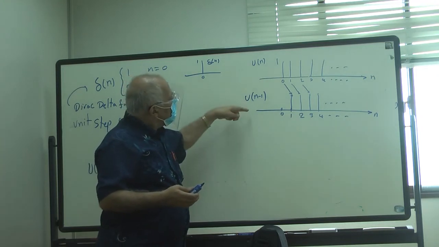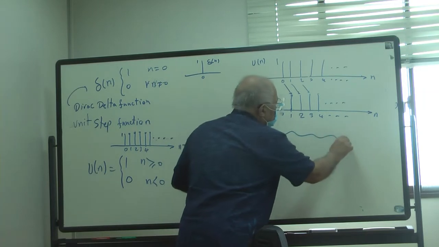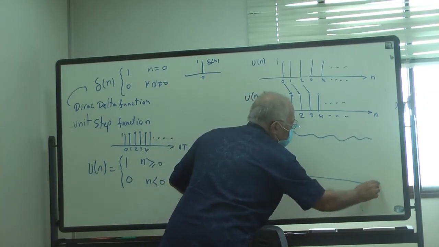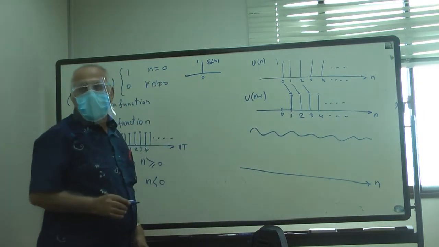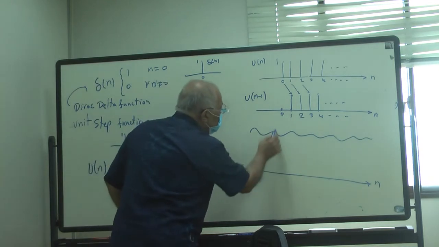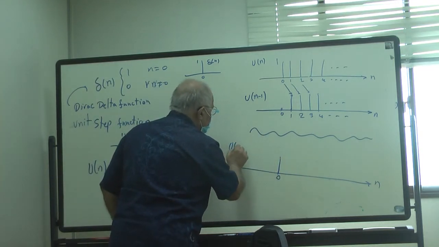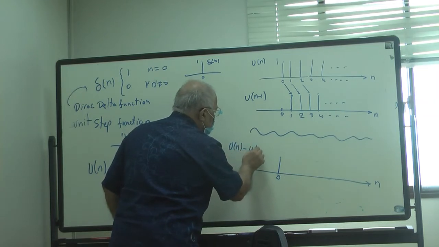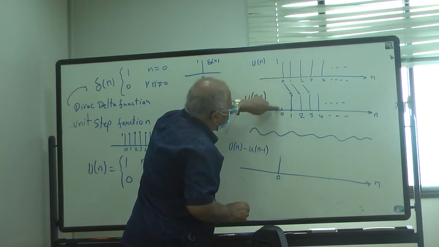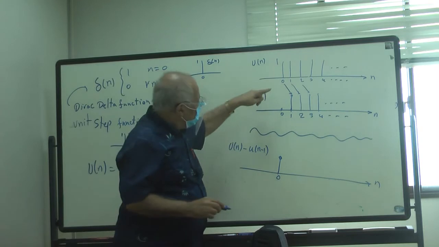So these two, if you make a subtraction of this, what do you obtain? Subtraction, sample by sample. At 0, you have u n minus u n minus 1, because 1 minus 0 is 1. How about 2?